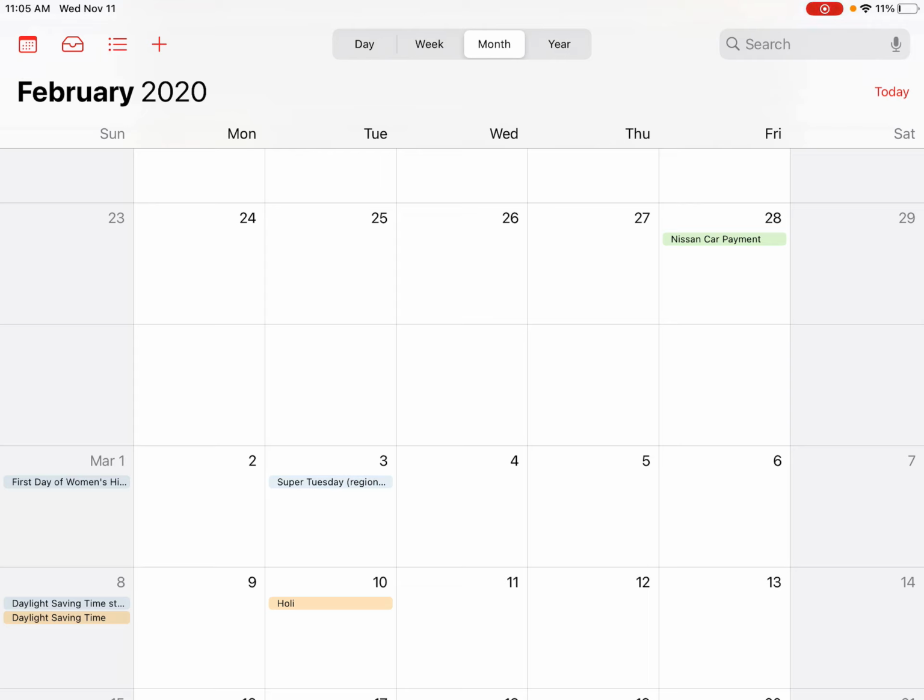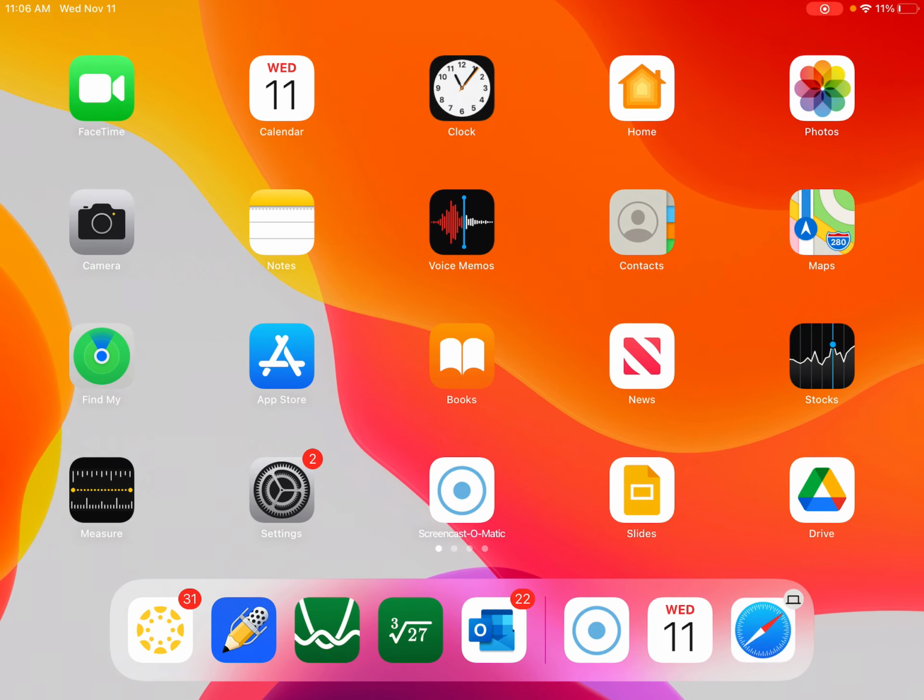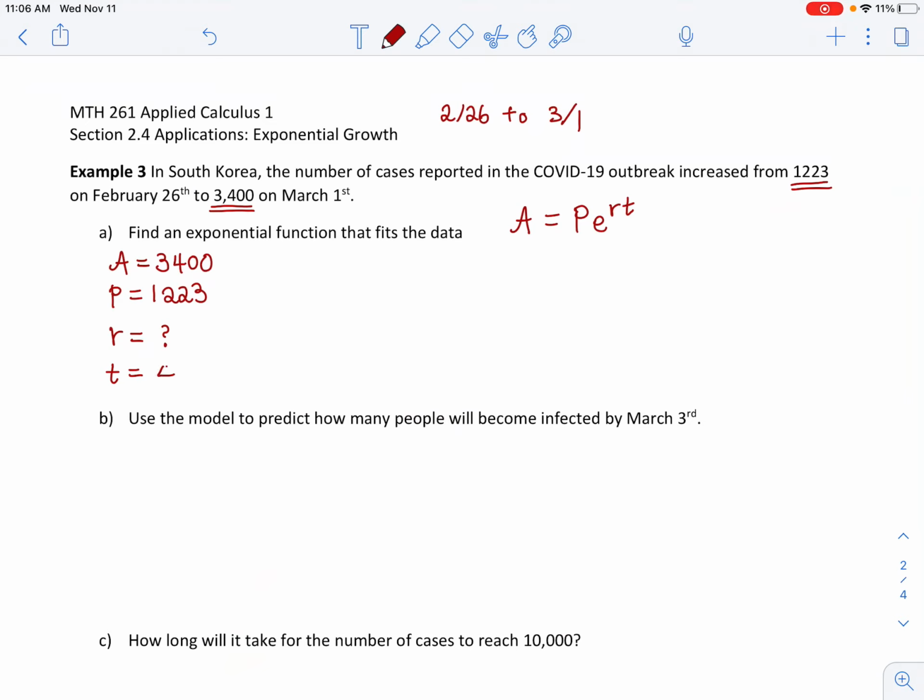I forgot the date. Was it March 1st? Yeah, it was March 1st. So let me count again. 1, 2, 3, 4. So 4 days. In 4 freaking days, it grew that much. All right. T is 4. T is in days.